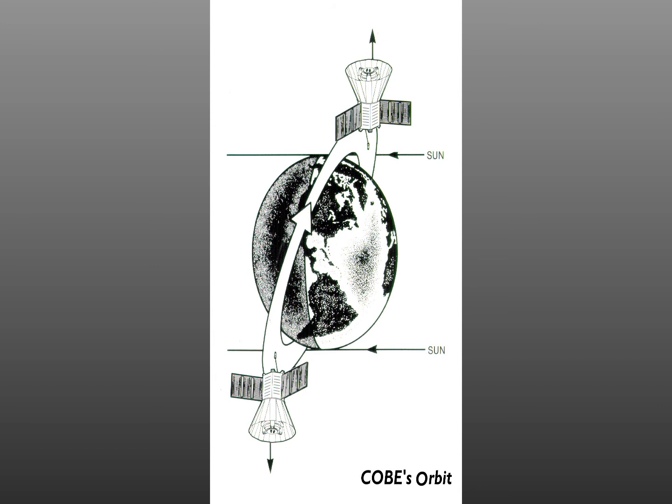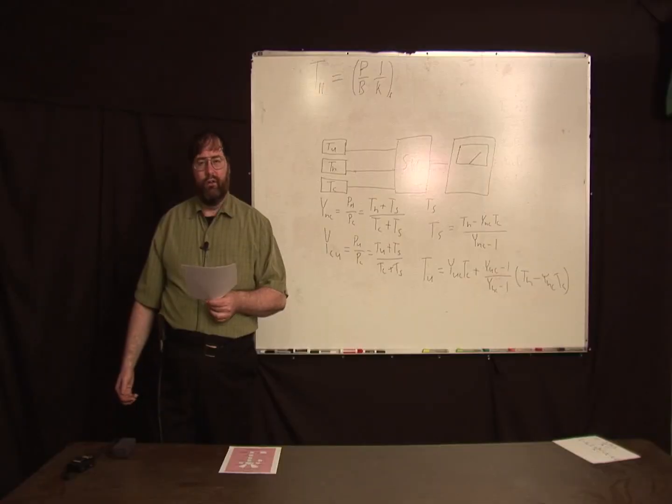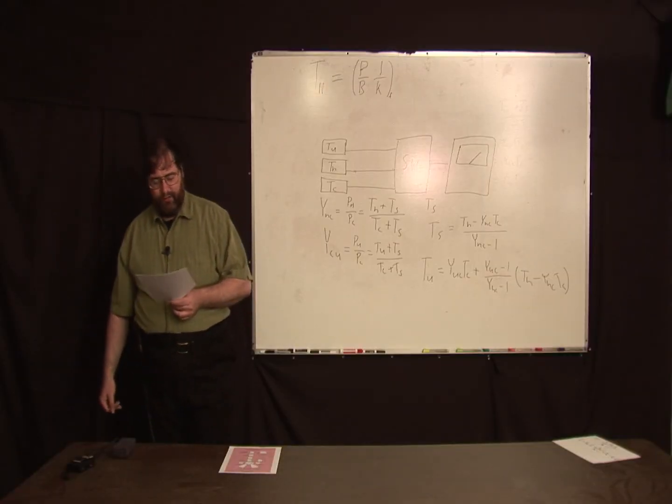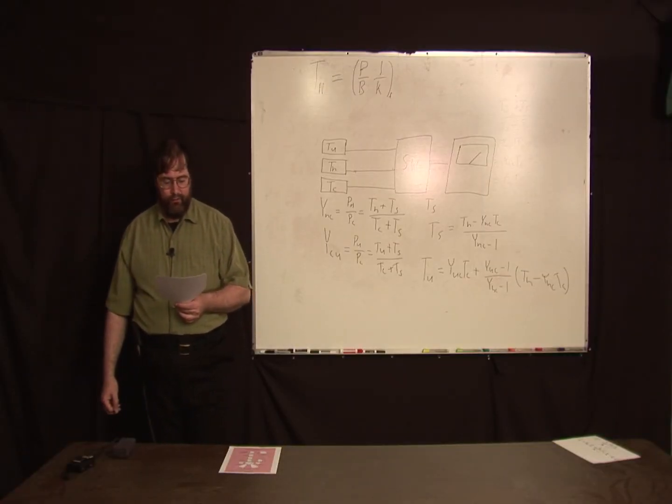Now the orbit's been arranged so that it precesses, in other words, the whole orbit rotates one rotation per year, which means that by doing that, the satellite will never point at the sun as long as they can keep it in that orbit.